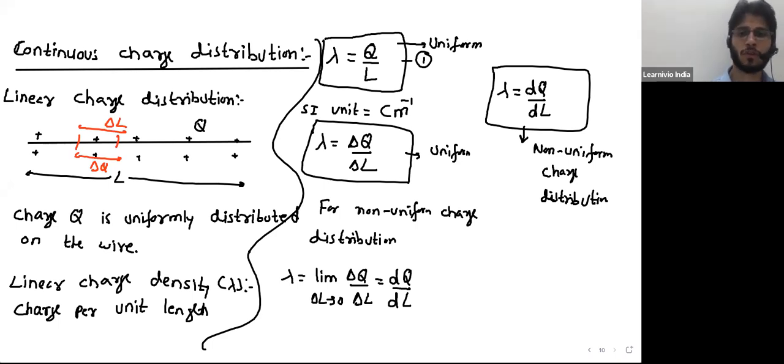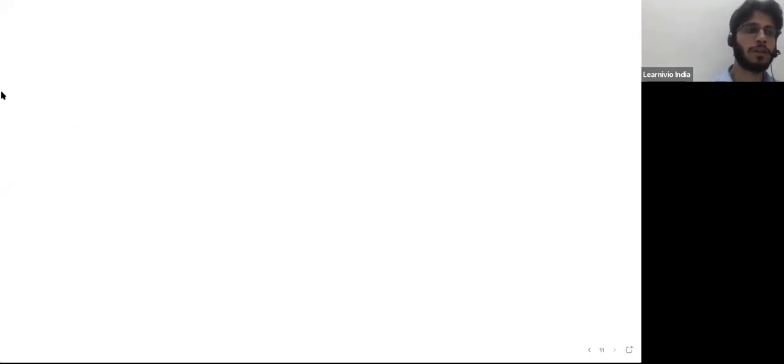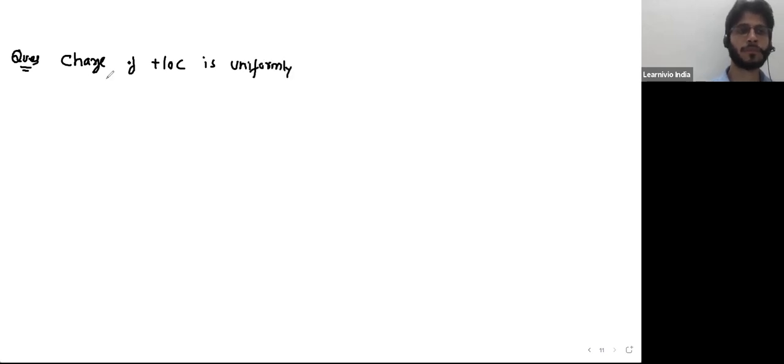Yes, sir. Okay, perfect. Let's do this very basic numerical on linear charge distribution. A charge of 10 coulomb is uniformly distributed on a wire of length 5 meter.